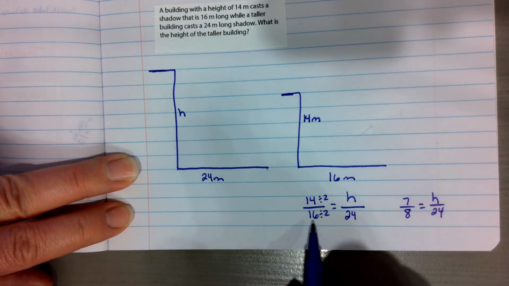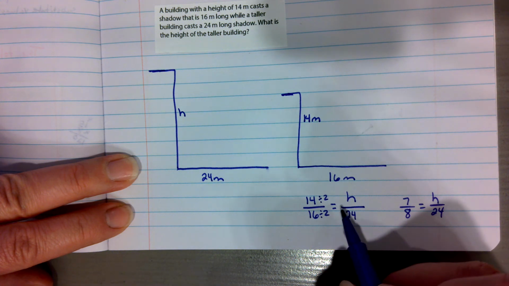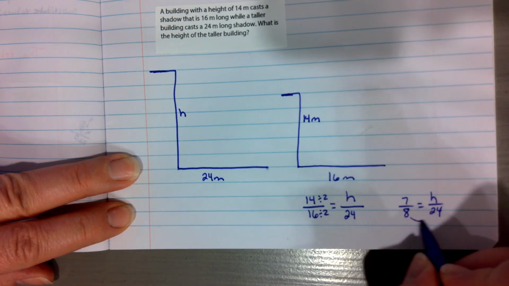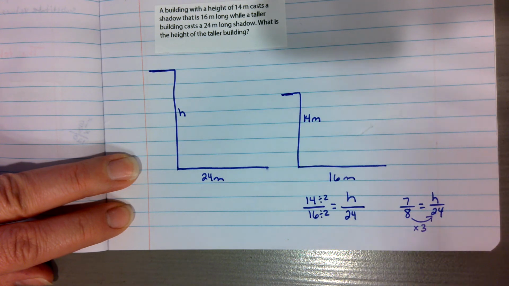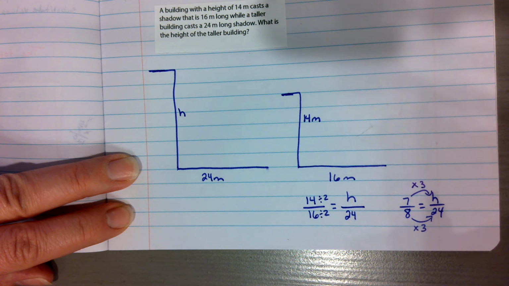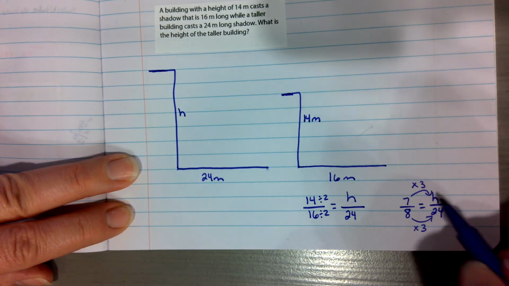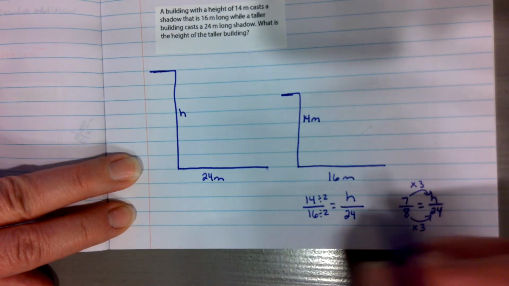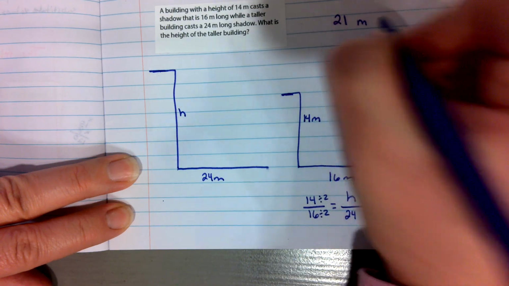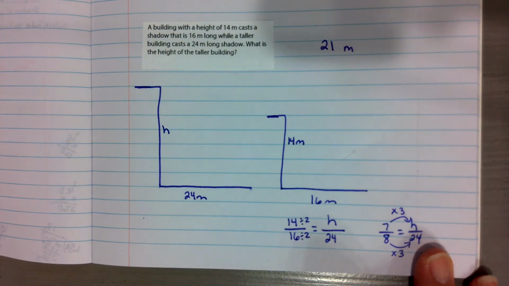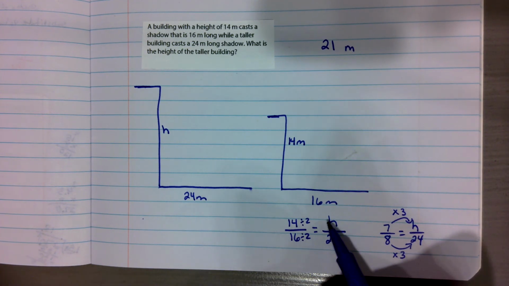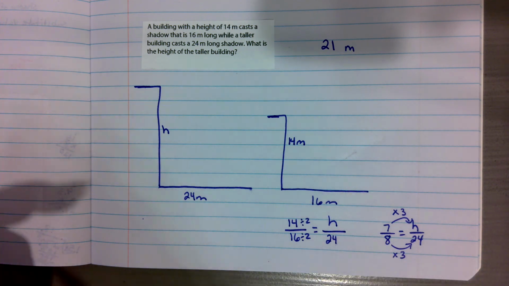So now when I do that, I'm going to eliminate the need to cross multiply and divide because I can take 8 times 3 is 24, which means I just need to multiply 7 times 3 to get the height of the taller building. So the height of the taller building, 7 times 3 is 21, is 21 meters. Again, if you don't see this part here, cross multiplying and dividing will work as well. They're the same answer.